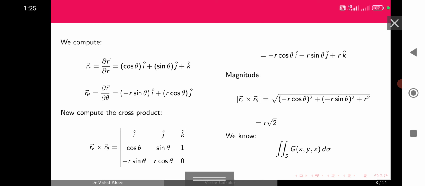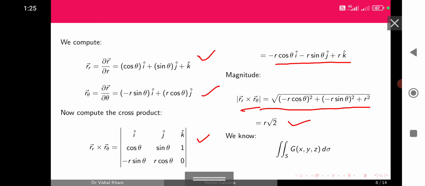So we have to find del r by del r. The value of del r by del r is this, and the value of del r by del theta is this. Then we find the cross product of del r by del r and del r by del theta, so we get this vector. Then we find the modulus of this cross vector, which is equal to r root 2.